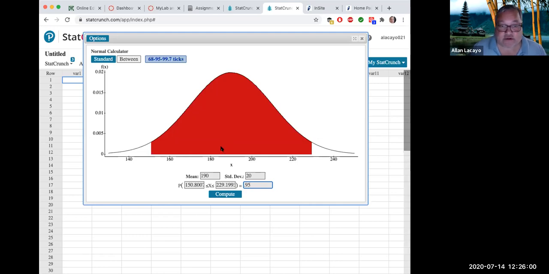Let me demonstrate that by clicking on this new button that appeared up here called the 68, 95, 99.7 ticks. What's going to happen is that instead of the scale being in 40 units or 20 units from the center, I'll change the tick.